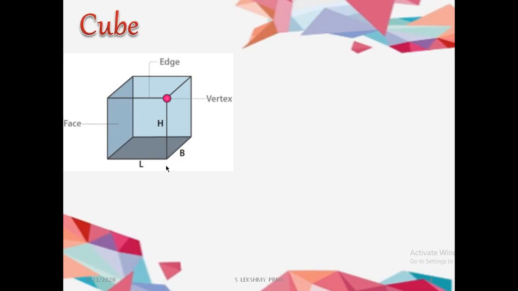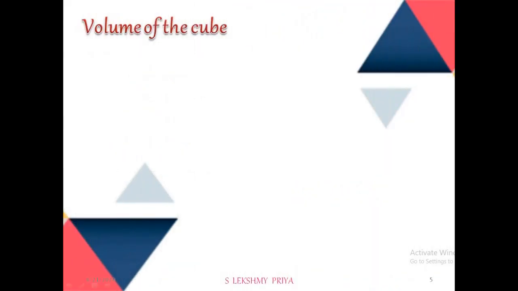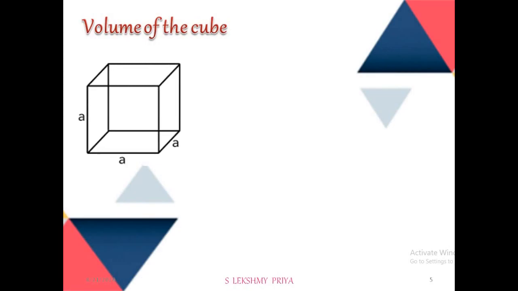Since all the faces are of the same dimensions, we can conclude that the length, breadth and height of a cube are equal. Let's check how we can find the volume of the cube. Here is a cube with length, breadth and height taken as A. How will we find the volume of the cube?